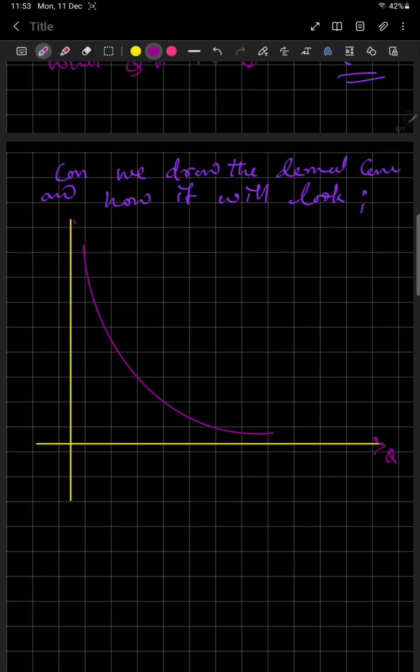Here I am considering q because I am drawing the demand curve, so it will show the relationship between p and q. This is the law of demand. So there will be an inverse relation between p and q.